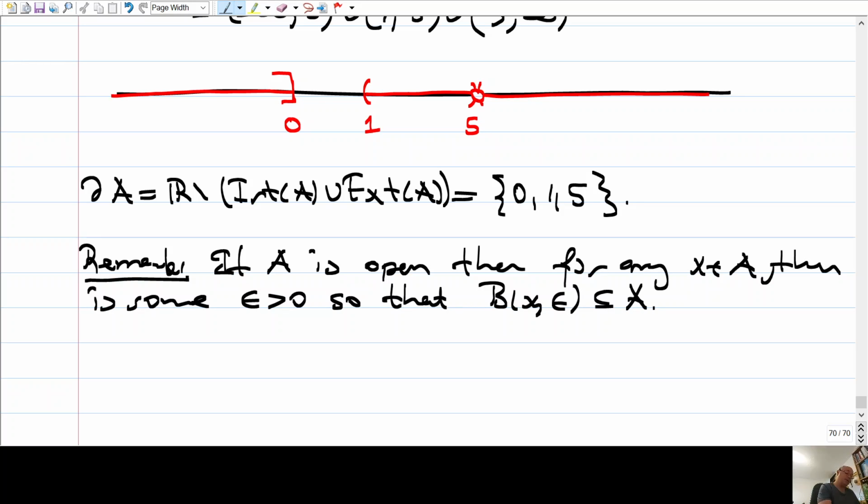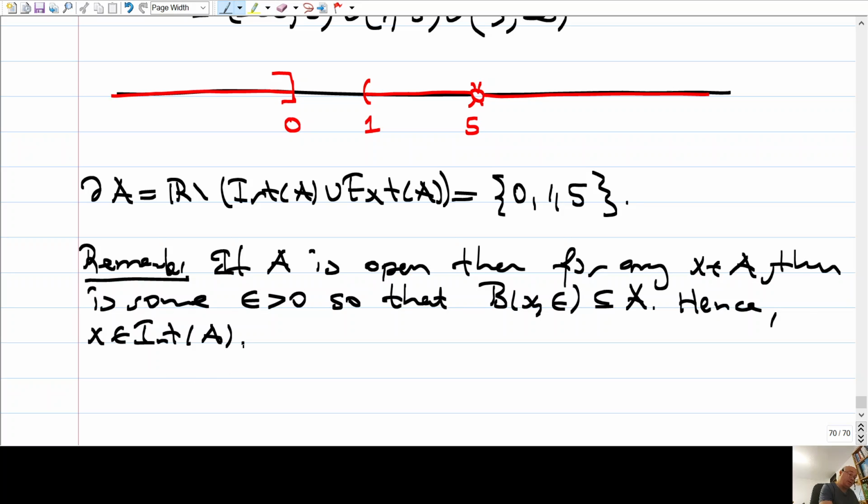But this means what? This is because A is open, right? Open means for any point, there is some ball like this. But this means x is an interior point. Hence, x is in the interior of A. So what we see is that any point in A is in the interior.